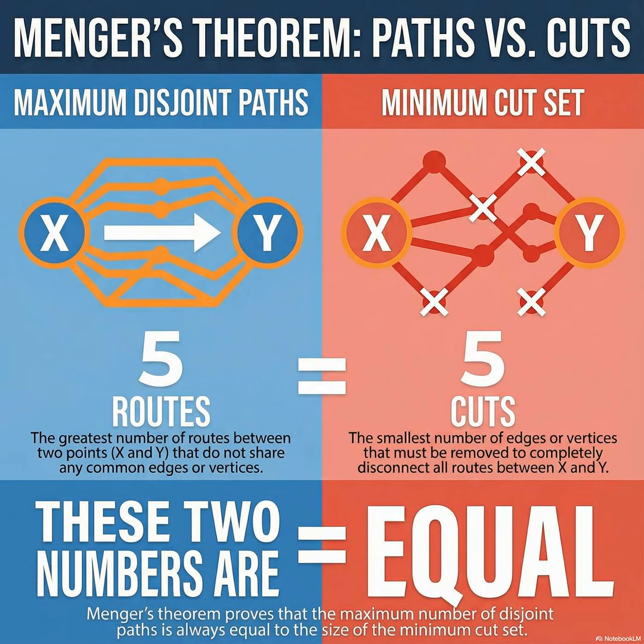So what if 3 different routes all pass through one central highway interchange? Does the theorem still hold? It does, but you have to be looking for what we call internally disjoint paths. Okay. The theorem says the maximum number of paths that share no intermediate intersections is exactly equal to the minimum number of those intersections you'd need to remove. And that duality is guaranteed?